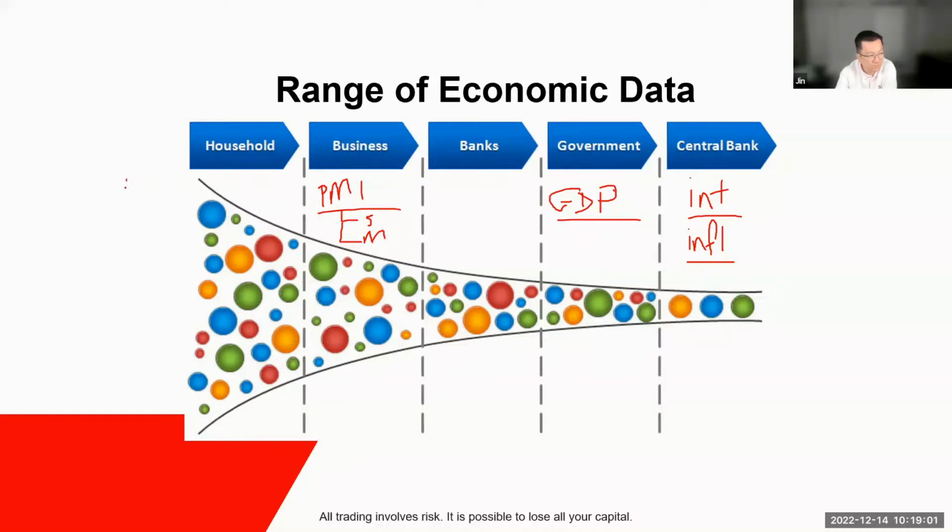Household, we have employment, we have spending overall. And what you see here, based on the dots, is that there are a lot of news information on household data, right?